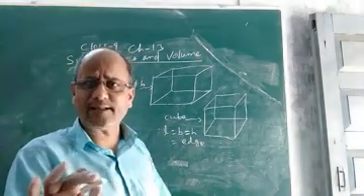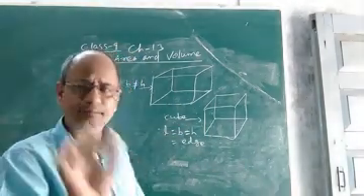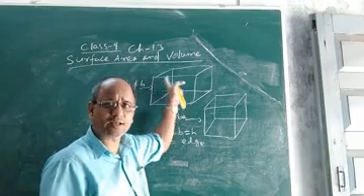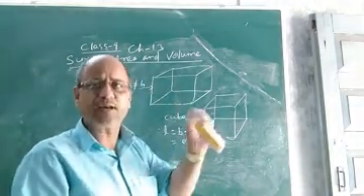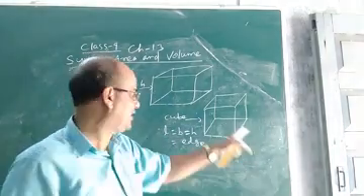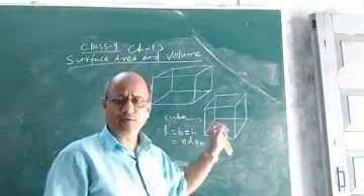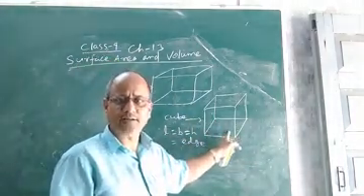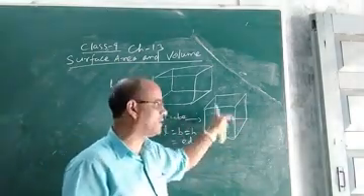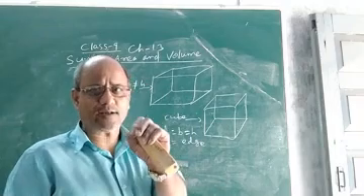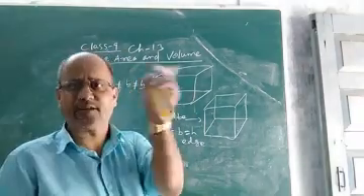So total surface area means the sum of the areas of all the plane surfaces present in the cuboid, which are rectangles. Similarly, total surface area of cube means all the faces or all the surfaces are squares and each surface will have some area. You know the area of a square is side into side, or edge into edge.